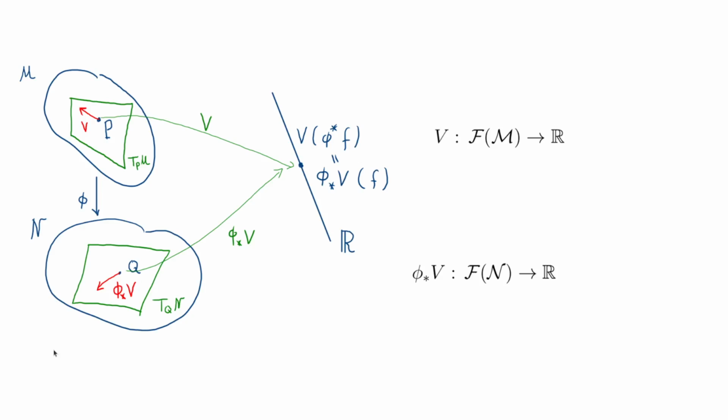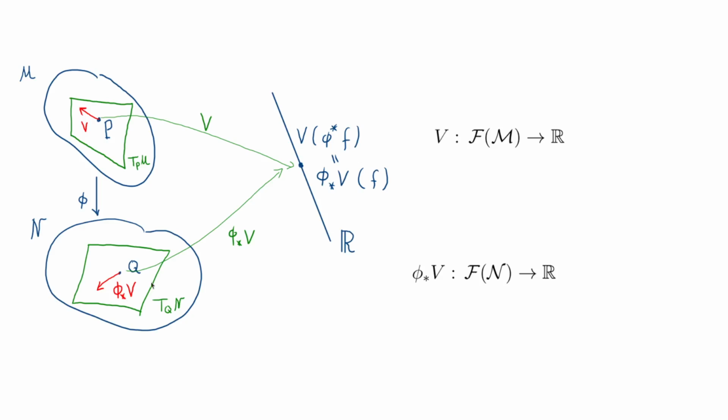So let's summarize what we have done so far. We have two manifolds, M and N, a differentiable map of M onto N, which we call phi, where the point P is mapped onto the point Q. We are able to define a map between the tangent space at P onto the tangent space at Q by taking a vector v onto its pushed forward image phi star of v.